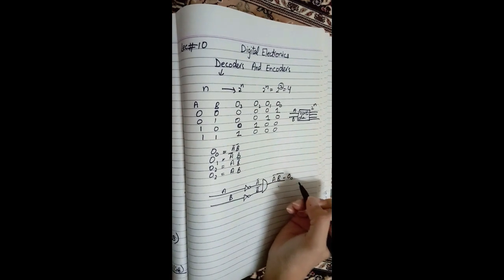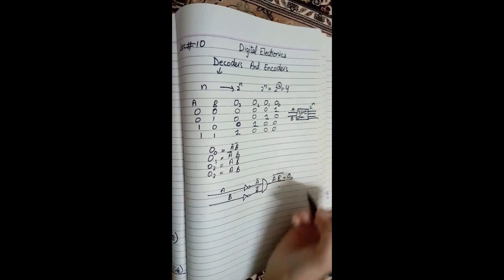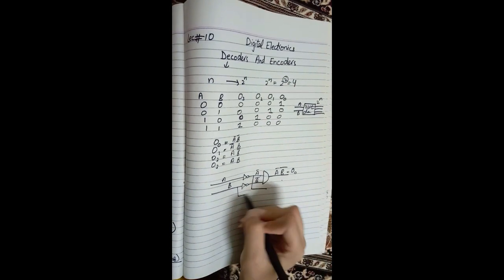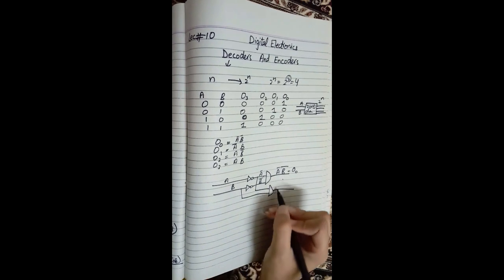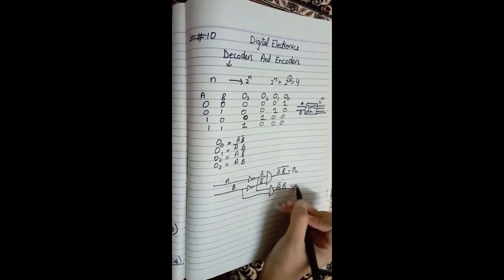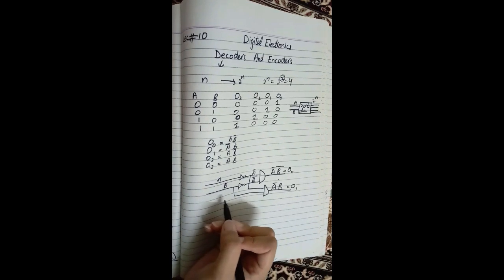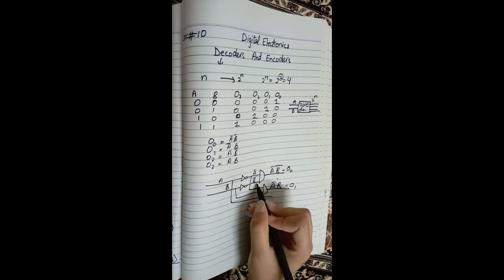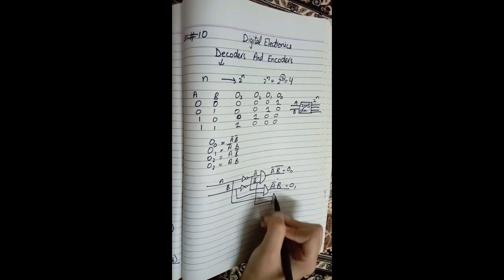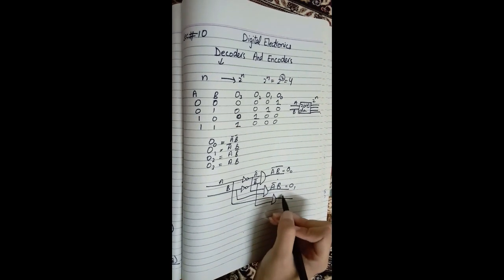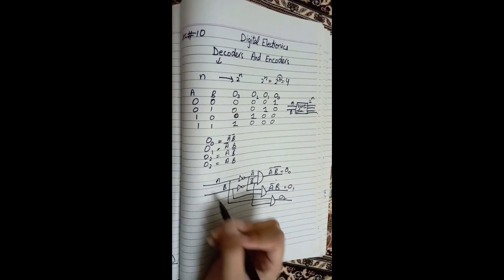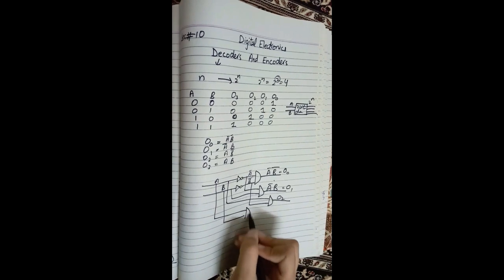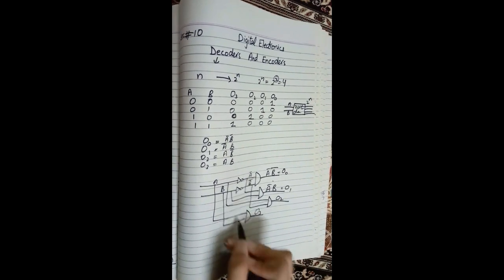Now in the same method we will draw the output 1, which says A bar but B, not the B bar, and with AND gate we have A bar B, this is output 1. For the output 2 we have A and the B bar connected with the AND gate, output 2. And for the output 3 we have A and B connected with the AND gate, that is output 3.